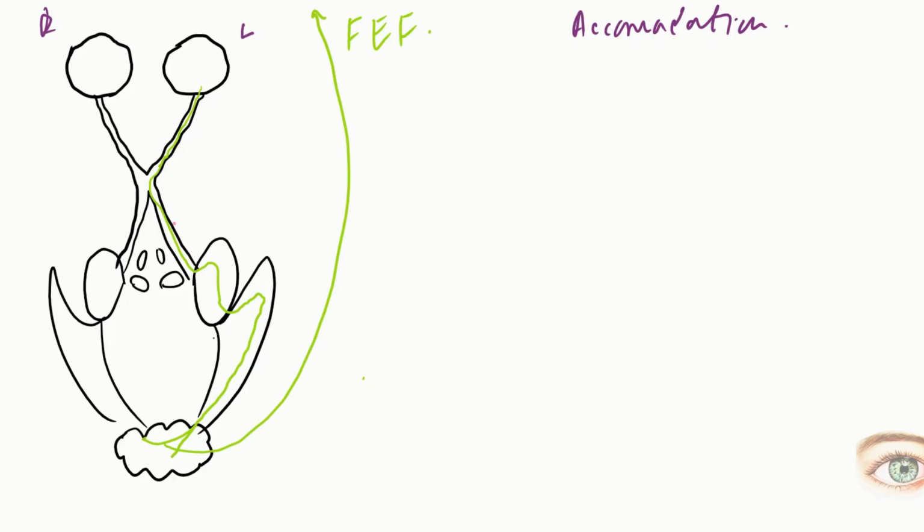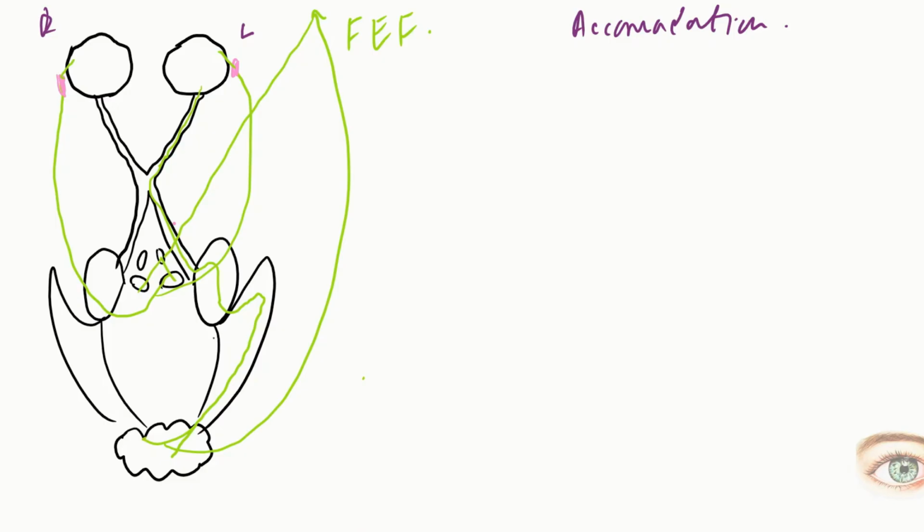Then from the frontal eye field, it is going to travel to the same side pretectal nucleus and then to the Edinger-Westphal nucleus of both sides. And then the Edinger-Westphal nucleus will carry this information to the ciliary ganglion. And then from the ciliary ganglion, the short ciliary nerves will carry this information to the ciliary body, and then the accommodation will occur.